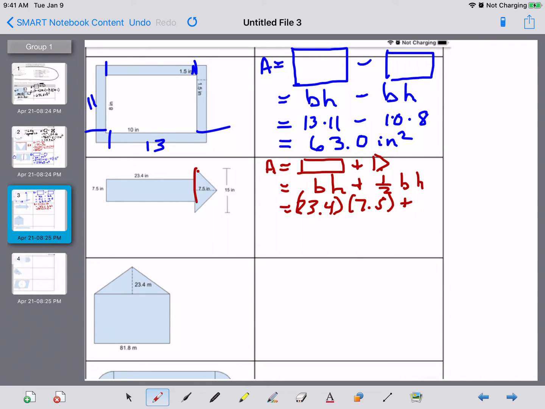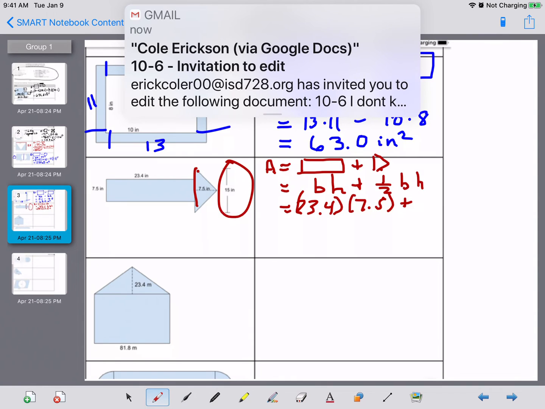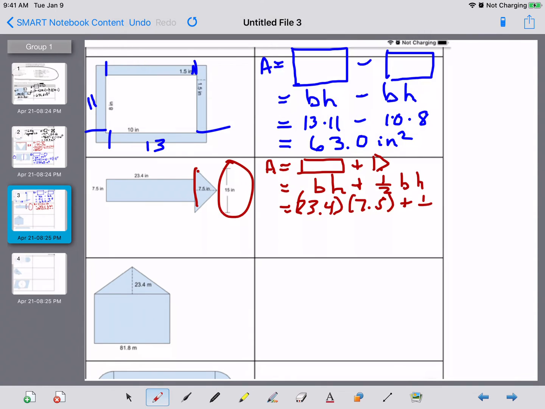Now this base is right here, 15. So I got 1/2 of my base, which is 15, times 7.5, my height, to find out what's going on. So I got those things set.